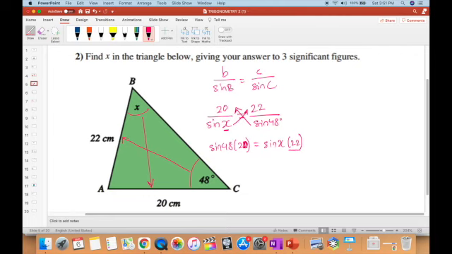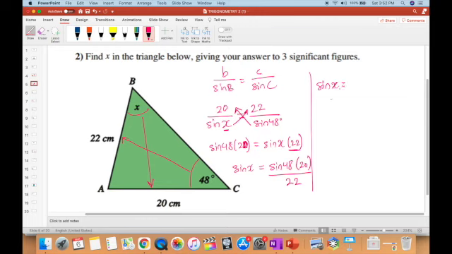I could actually take this 22 and fling it back across. So I'll get sine x alone on this side is equal to this 22 is multiplied, it'll become divide. So sine 48 times 20 divided by 22. Now it's just a matter of working it out.